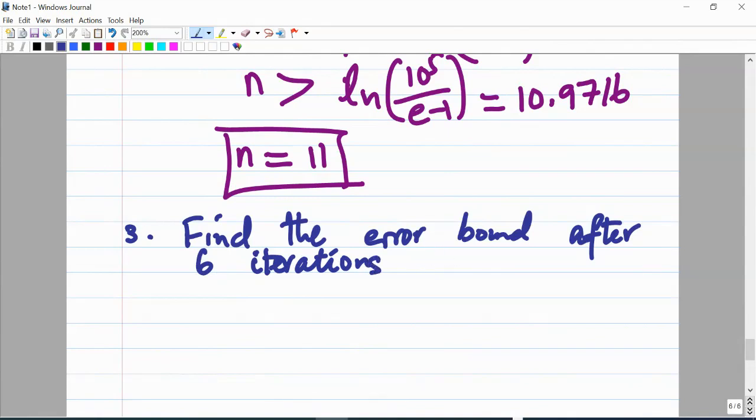After 6 iterations, find the error bound or calculate the maximum error that you incur after 6 iterations.